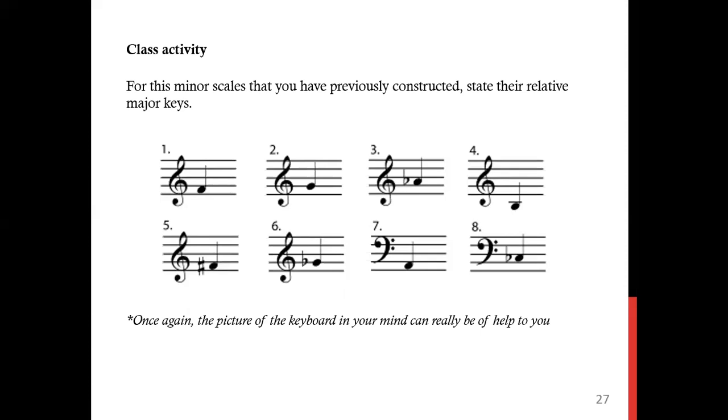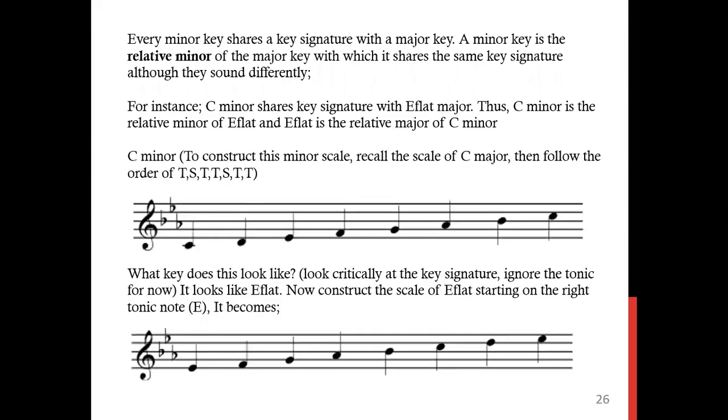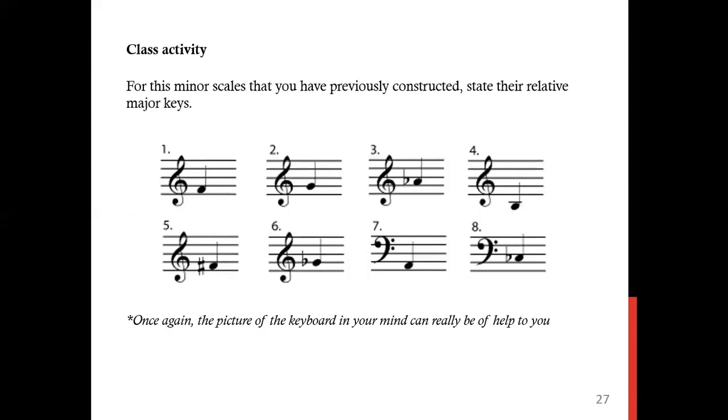So it's basically just what we have just finished doing, okay? All right, so it's not difficult. If you have understood what we have done, just construct the minor scales of all these number 1 to 8. After you have constructed it, you don't need to construct another thing again. Just tell us what is the relative major key of the minor scales you have constructed by yourself.